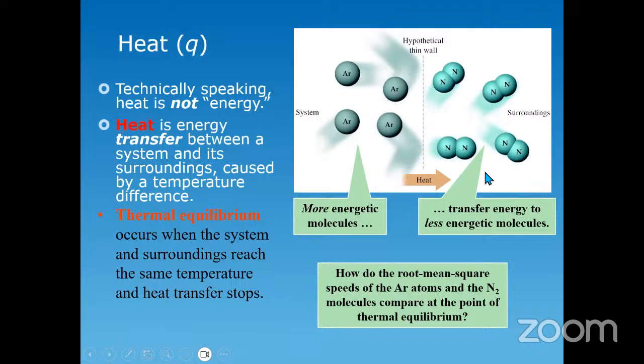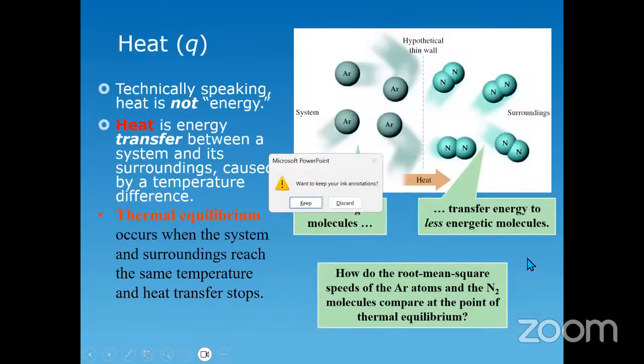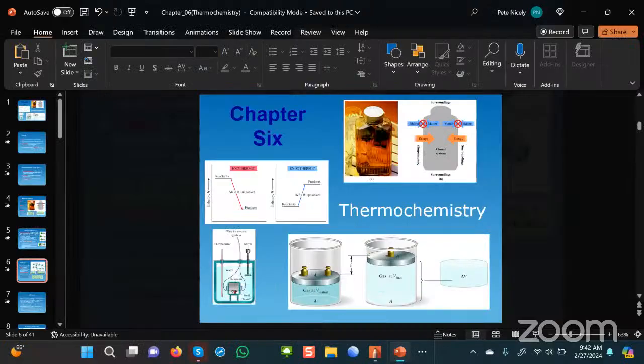And if you remember, we said that the energy of a molecule, the kinetic energy, is equal to half mv squared.